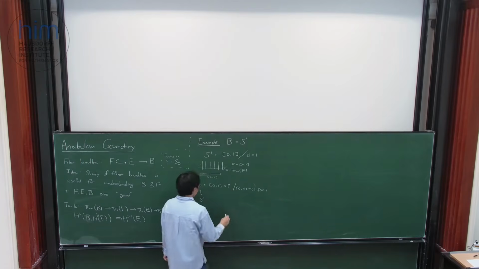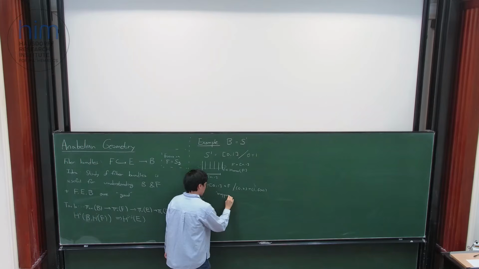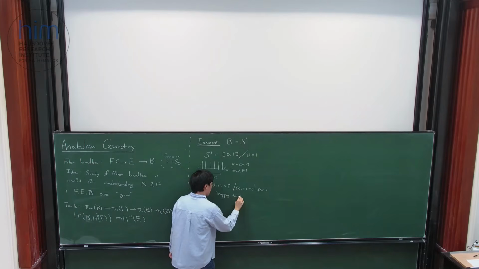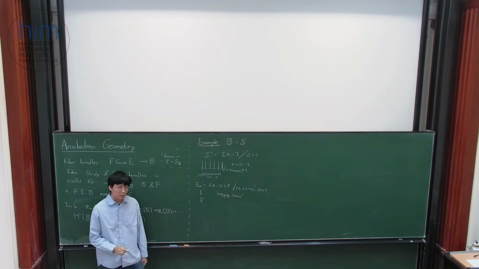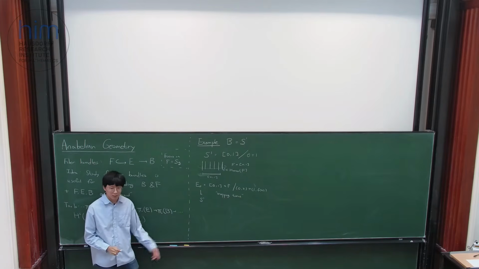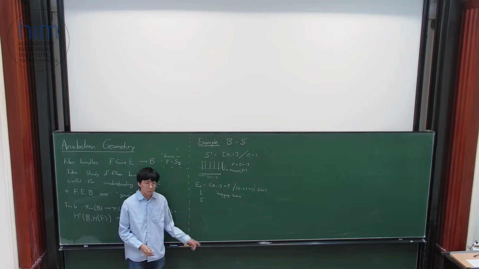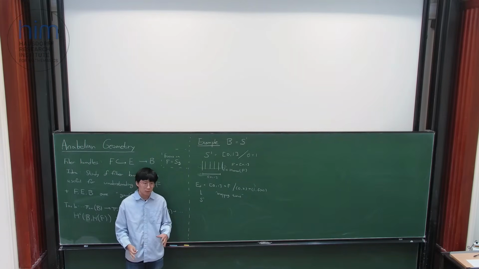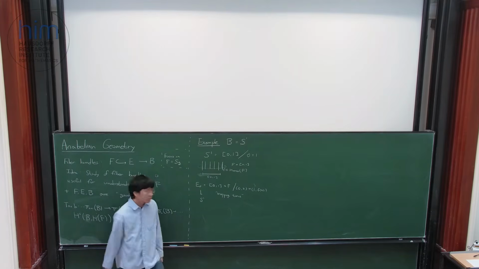This is usually called the mapping torus. You might have heard about this construction because it is shown in, say, Hatcher, in algebraic topology books. It is also very important for constructing three-manifolds and things like that.